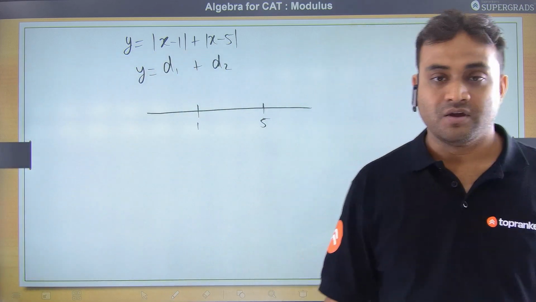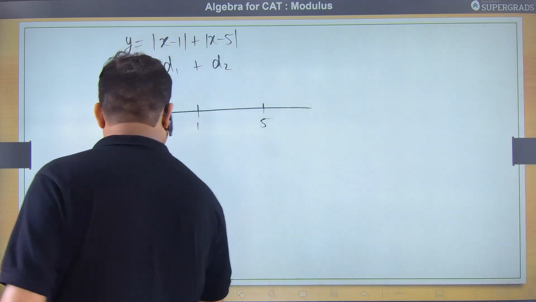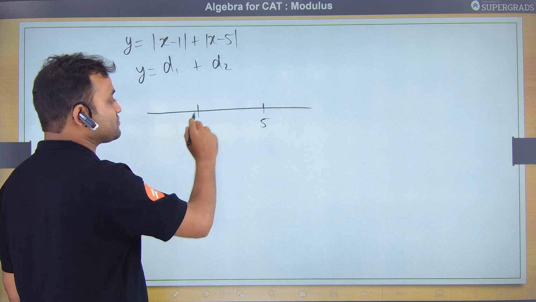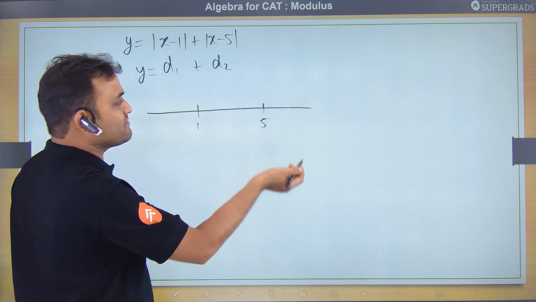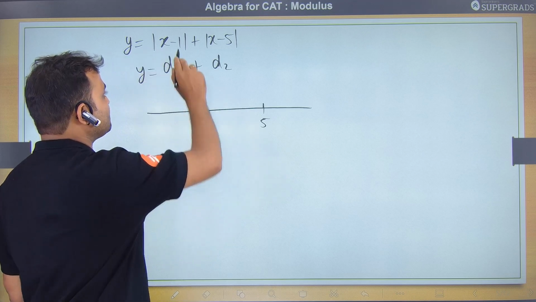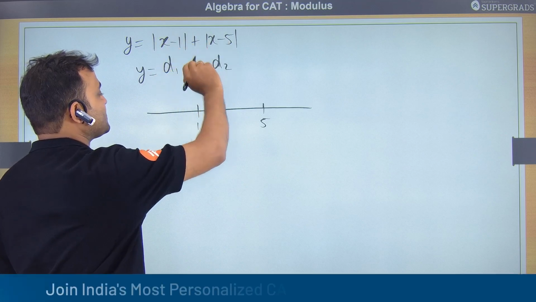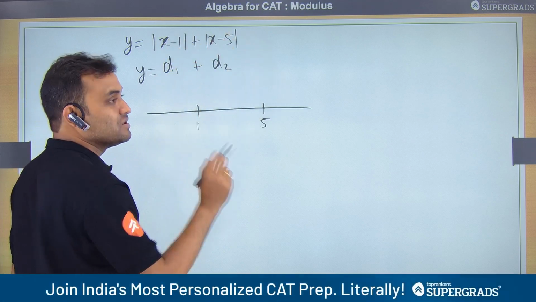Okay, so in that case, what will happen? If you check x equal to 1, this will become 1 minus 1, 0. 1 minus 5, minus 4. Mod of minus 4 is 4.